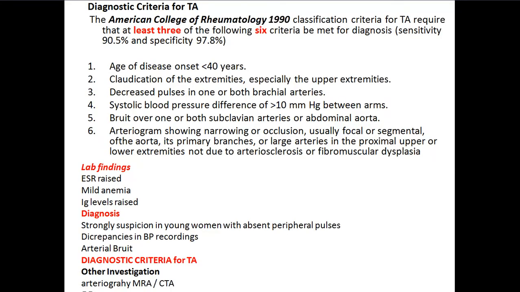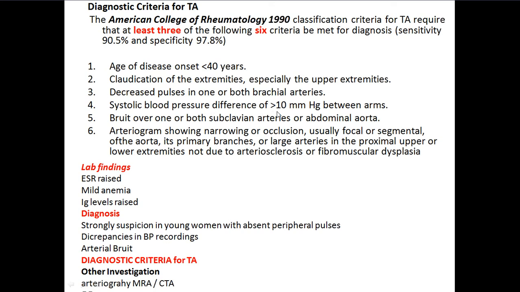So the diagnostic criteria. As we discussed, only six vasculitis syndromes have diagnostic criteria, and Takayasu is one of them. Of the six criteria, at least three should be present. So what are the six included in the criteria? The age should be less than 40. Claudication of the extremities, especially the upper extremities. Decreased pulses in one or both brachial arteries.